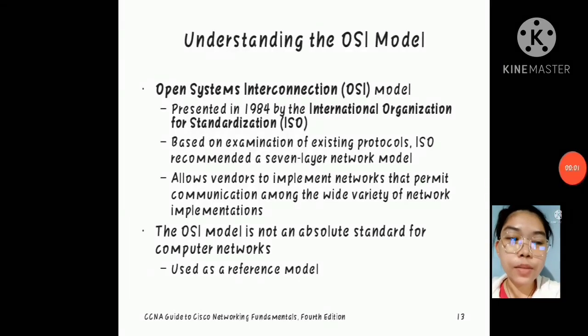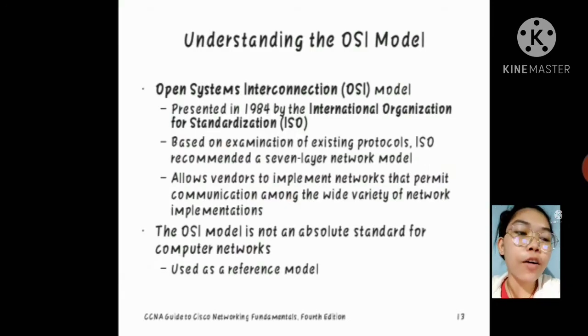Open System Interconnection, or also known as the OSI model, was presented in 1984 by the International Organization for Standardization, or ISO. Based on examination of existing protocols, ISO recommended a 7-layer network model.